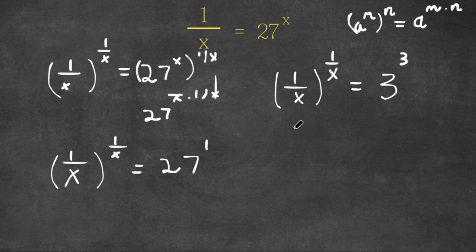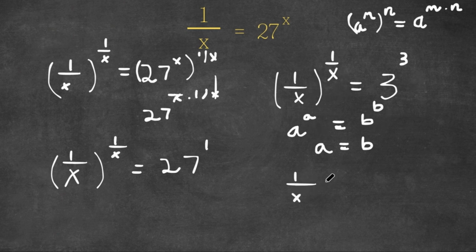Now, if we have something in the form a^a is equal to b^b, this means that a is equal to b. So as you can see here, 1 over x is a in this case, and 3 is b, meaning 1 over x is equal to 3.